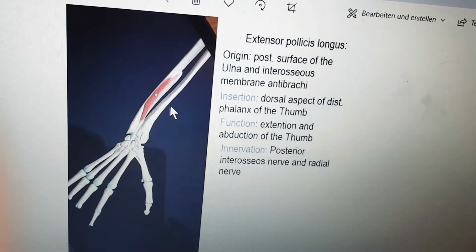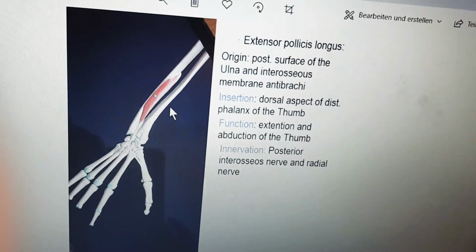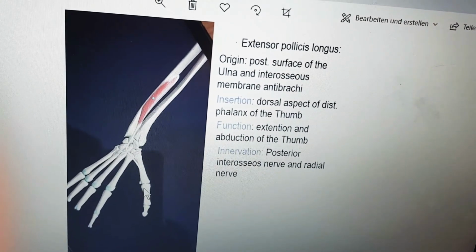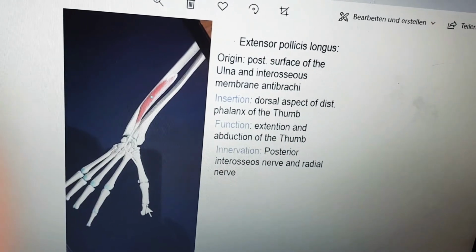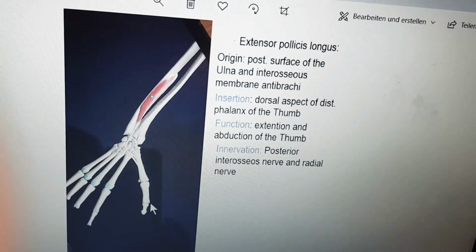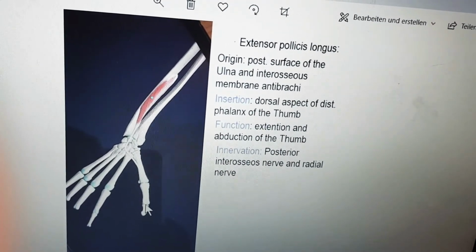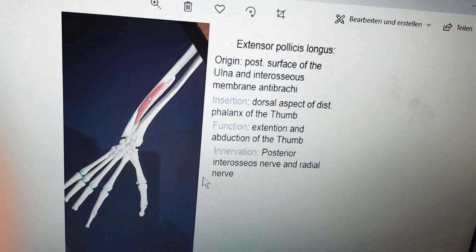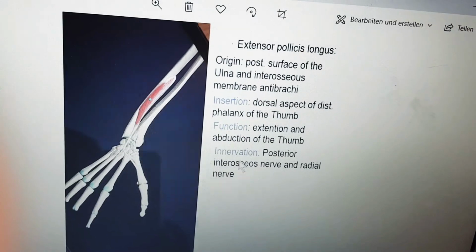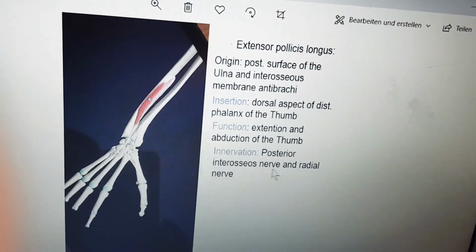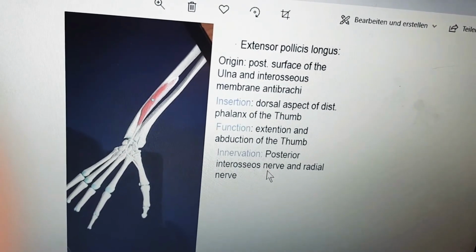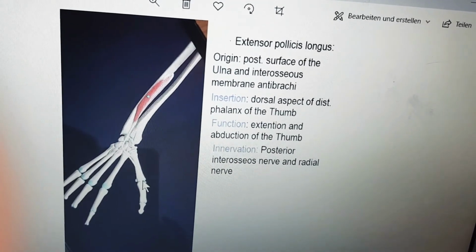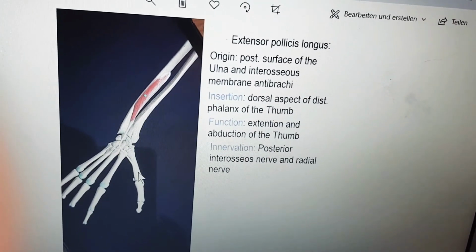The insertion of this muscle is the dorsal aspect of the distal phalanx of the thumb here. The innervation of this muscle is the posterior interosseous nerve and radial nerve. The function of this muscle is extension and abduction of the thumb.